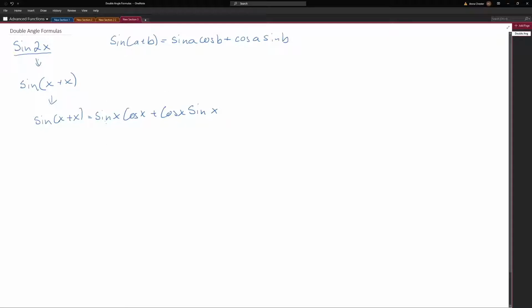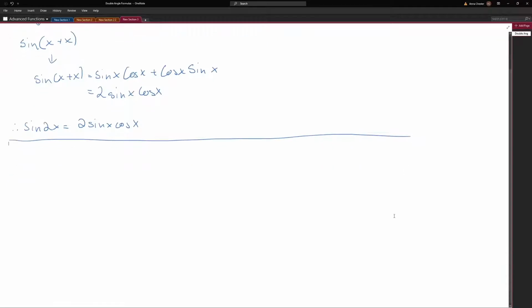So we have sine x and sine x, cos x and cos x, which means we could just add them together, which would mean we have a 2 in the front, and then sine x cos x. So we found our first double angle formula, which is sine of 2x is equal to 2 sine x cos x.